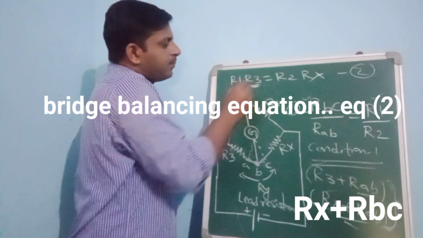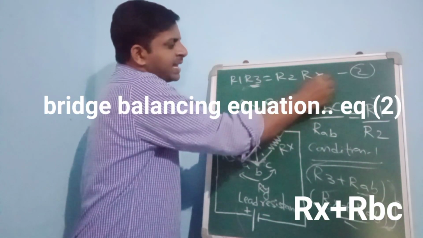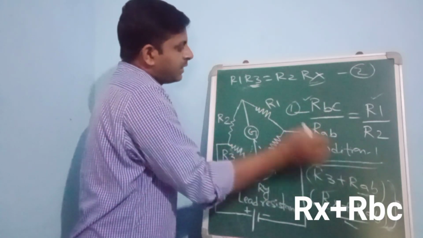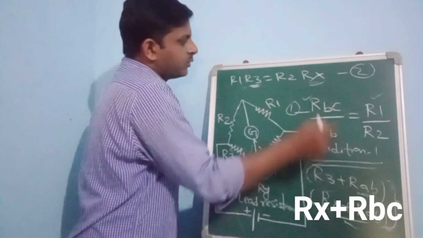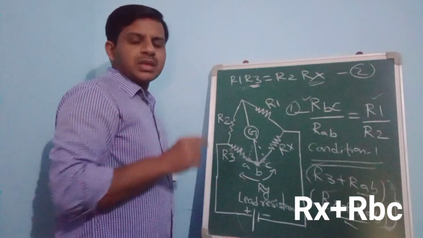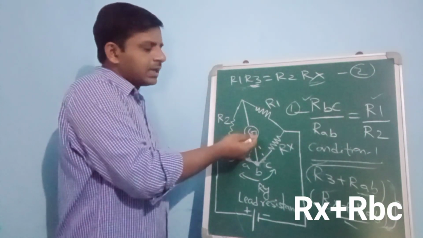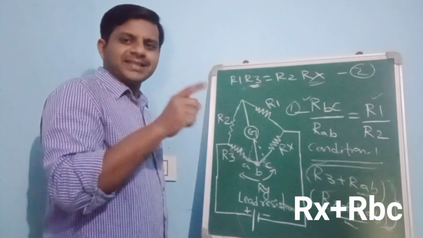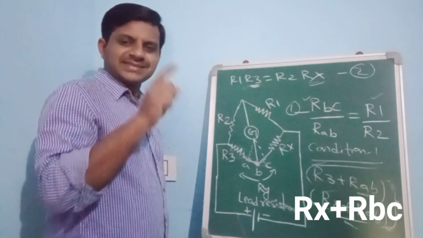If we substitute this R3 value and this Rx value, we get the final expression for the Kelvin bridge, from which we find the unknown resistance Rx.